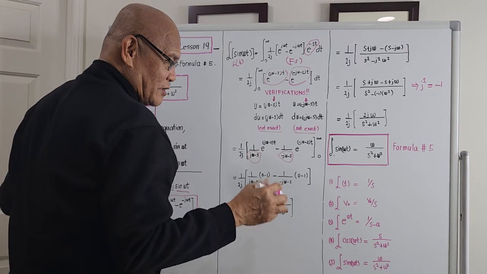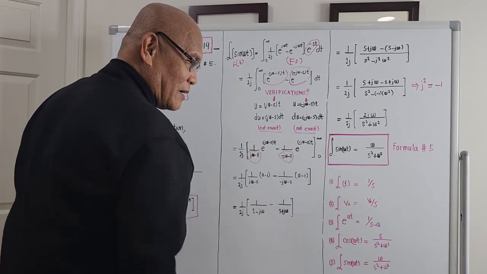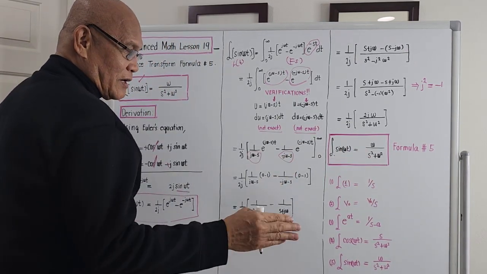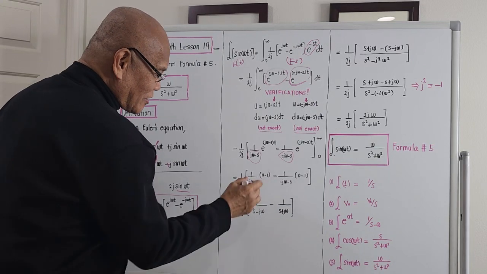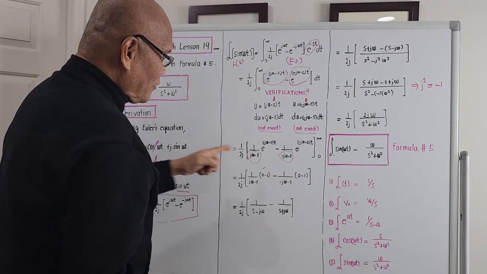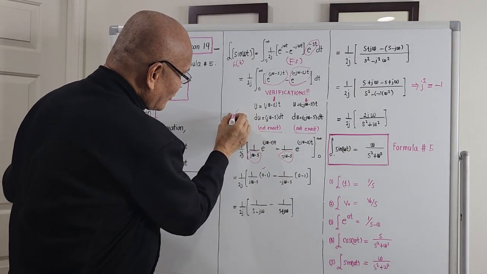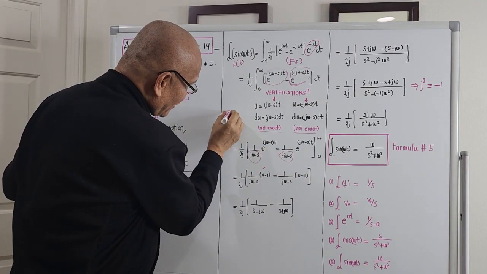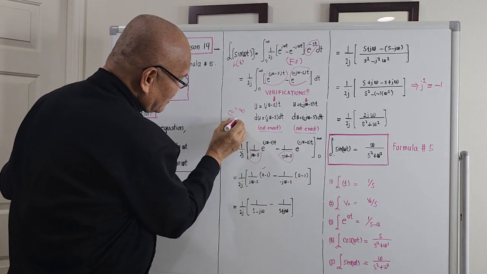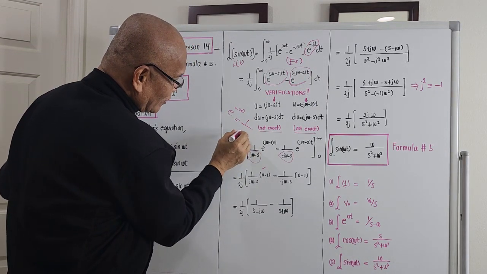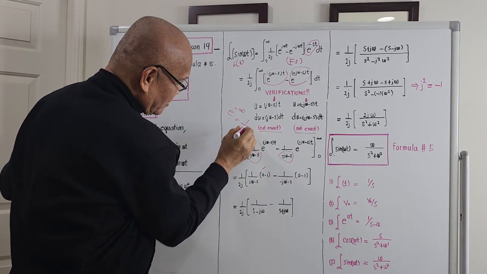As was discussed from the previous discussion, lesson number 18, this is actually 0. If we put time t to be infinity, it will become e raised to negative infinity. And if we try to simplify this one, it will be 1 over e raised to infinity.